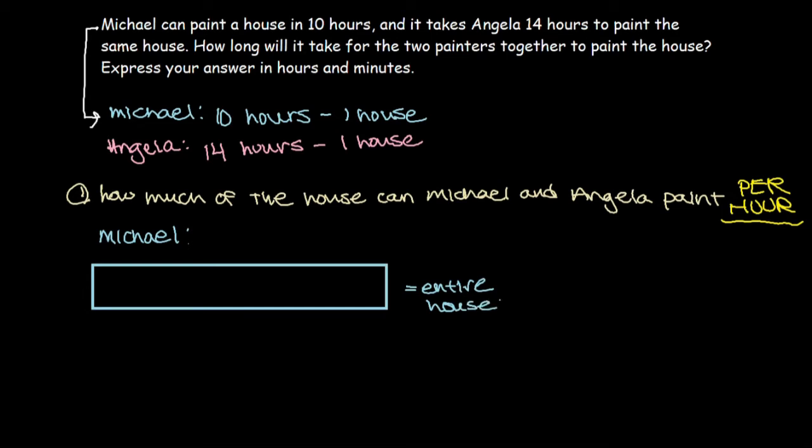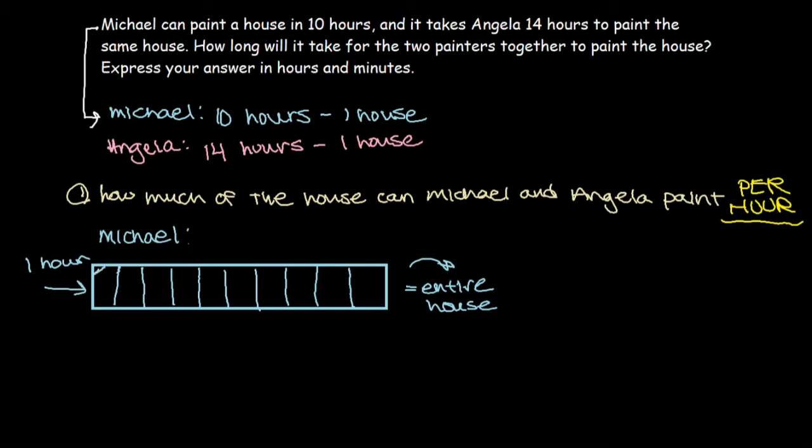And I'm going to divide this up into 10 equal sections. Each of these sections is going to represent 1 hour, because as I said, it takes him a total of 10 hours to paint the entire house. So if this is 1 hour, 10 of them together make up 10 hours.